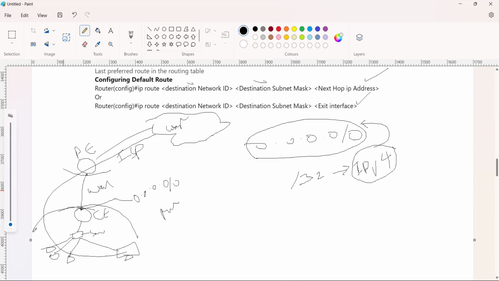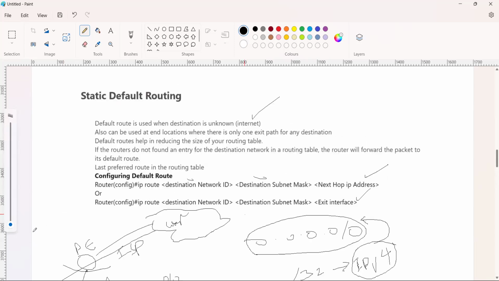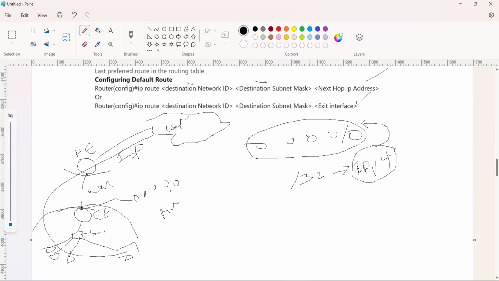Whenever you don't know the destination, we'll configure this. The routing table will be very short with default routing. Any doubts in default routing? Let's move to some advantages and disadvantages.